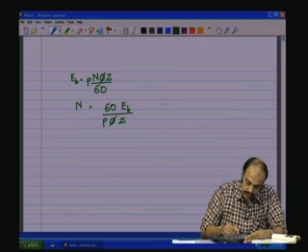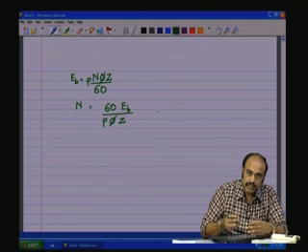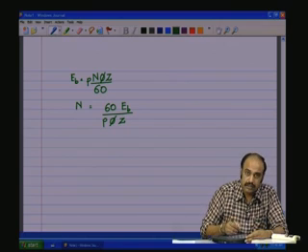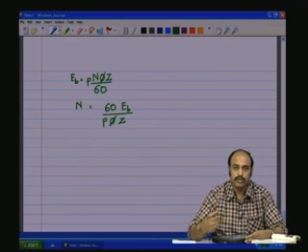But now, EB is the back EMF, and the back EMF is generally not measurable because the armature resistance is distributed in the armature coil.